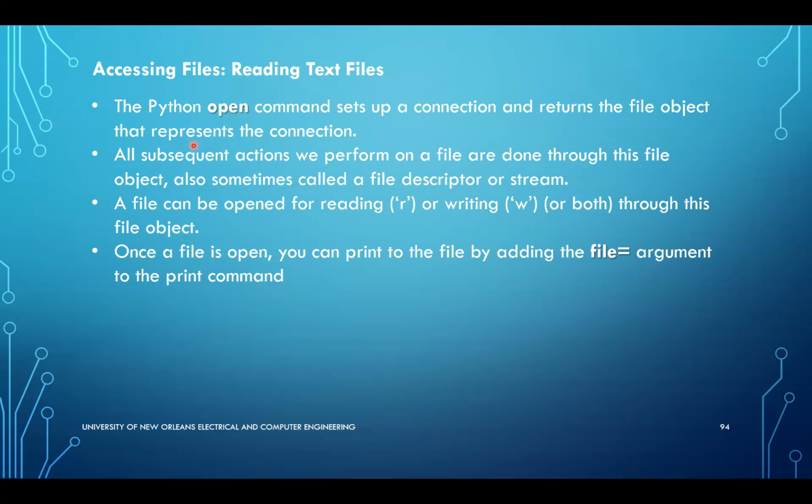All subsequent actions we perform on a file are done through this file object, also sometimes called a file descriptor or stream. A file can be opened for reading by using lowercase r, or writing by using lowercase w. If we put them both together, we can open it for reading and writing at the same time.